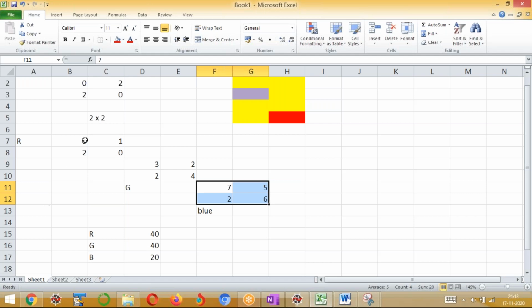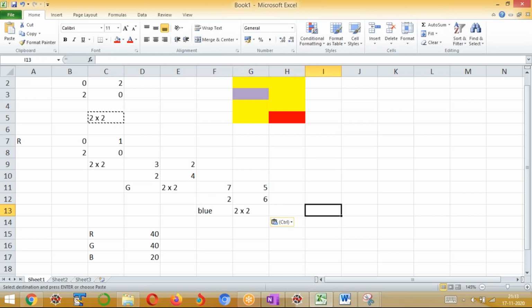Now, in the entire 3 dimensions, I need to calculate the total number of pixels. In each color, what is the size? This is 2 by 2, this is 2 by 2, this is 2 by 2.